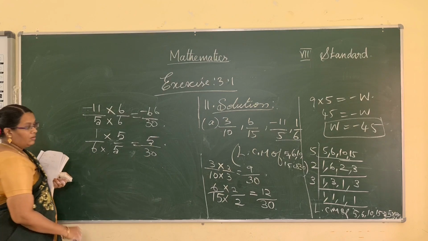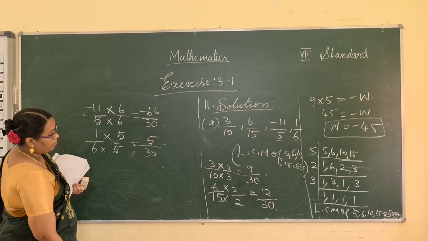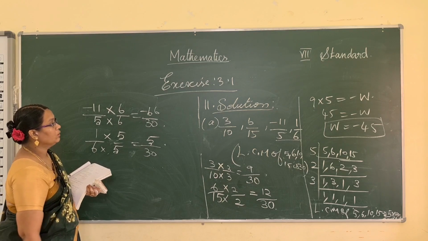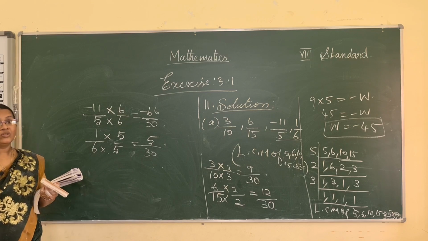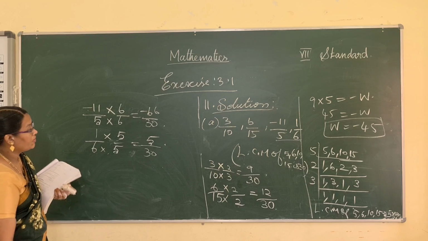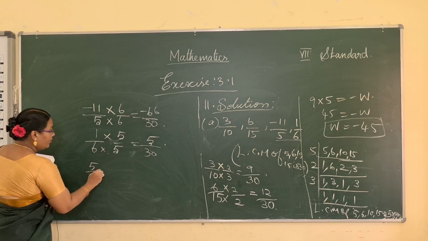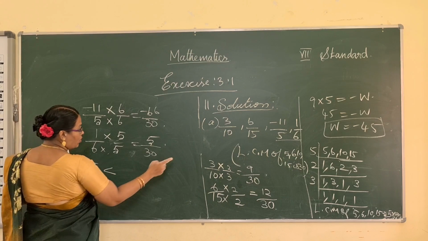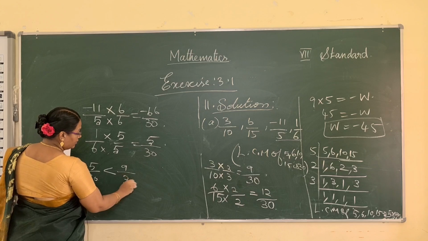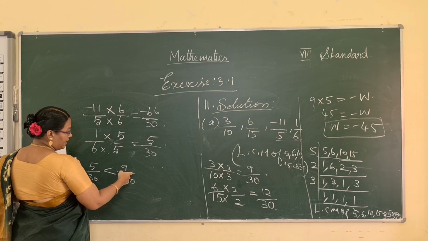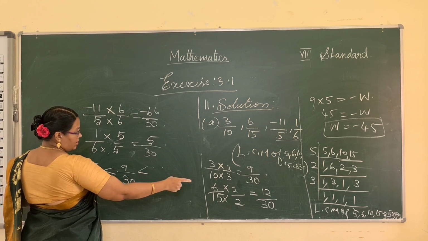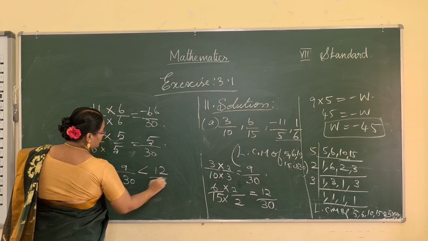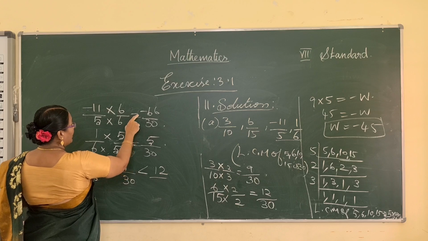Now which one is the greatest value? Arrange in ascending order. So write from the smallest number to the greatest number. Which one is the smallest number here? This one, 5 by 30. The next smallest number is 9 by 30, compared with the greatest value 12 by 30. Here a minus value is given.